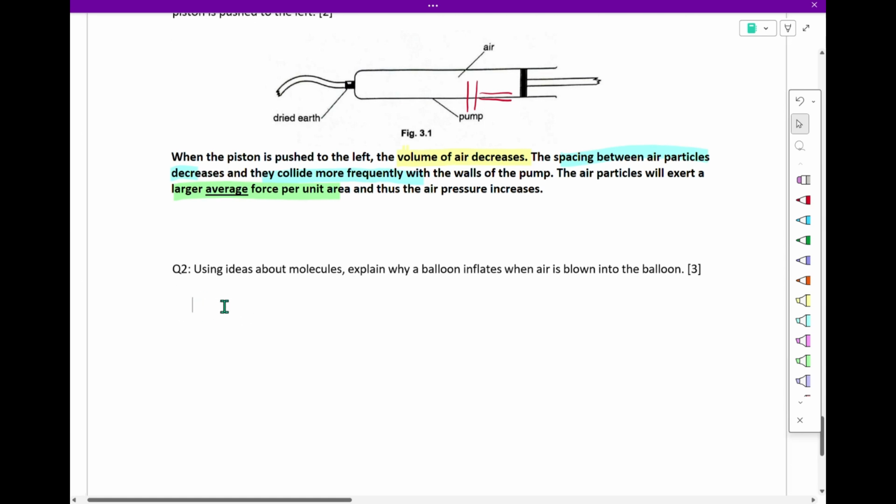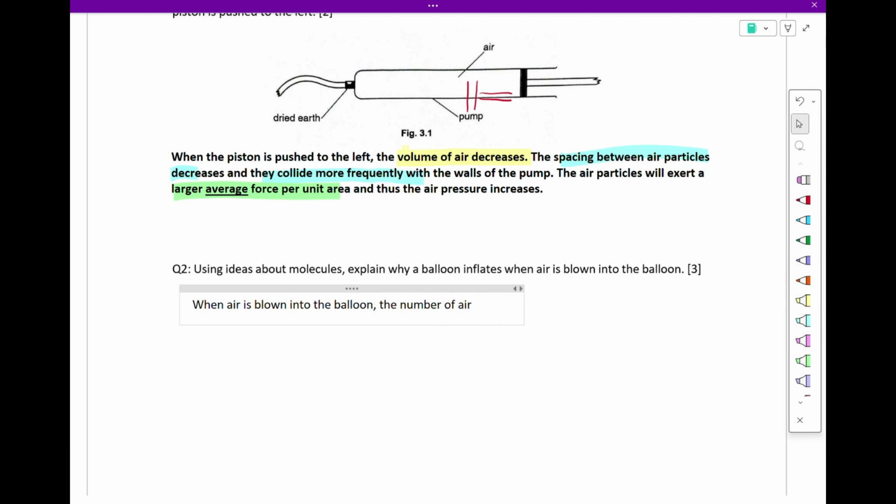Now, next one. Why does a balloon inflate when air is being blown into the balloon? So when air is blown into the balloon, the number of air particles increases. Because this is 3 marks, I want to be more precise, more concise, just explain everything.